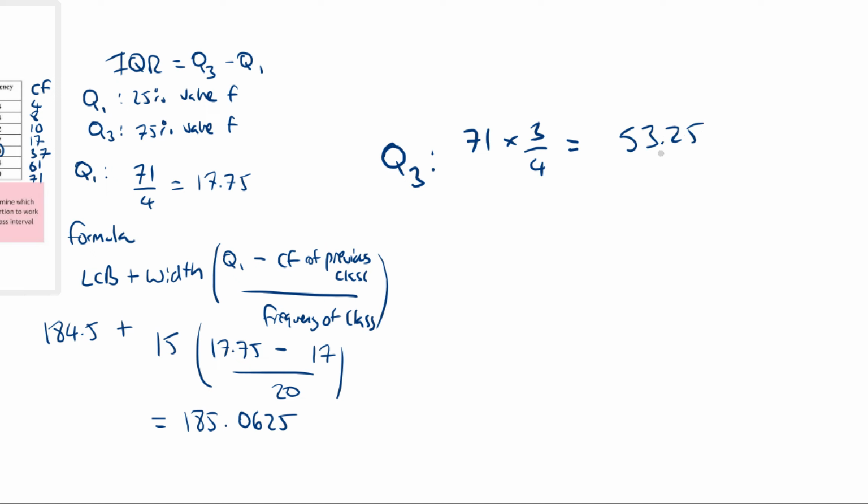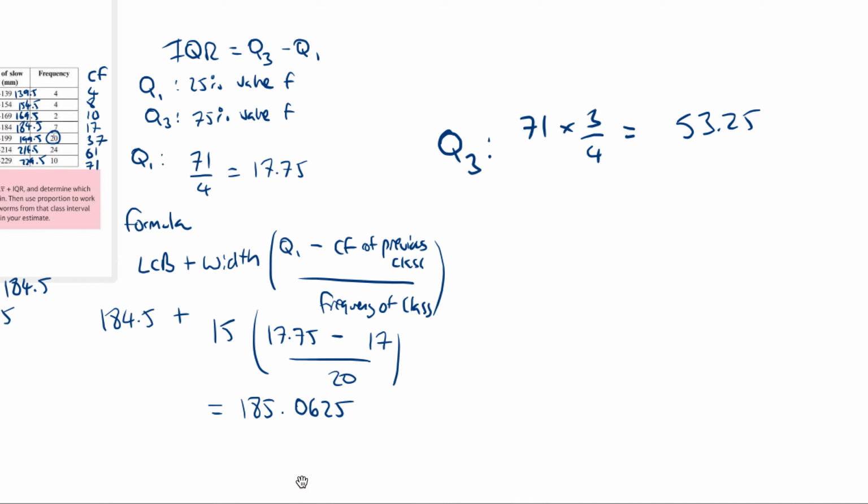53.25. Now, the ratio method, if you're going to use this method, it's a sort of formula. So what we're interested in on the left-hand side is whatever variable we're measuring. So it's going to be the length, so essentially the class.